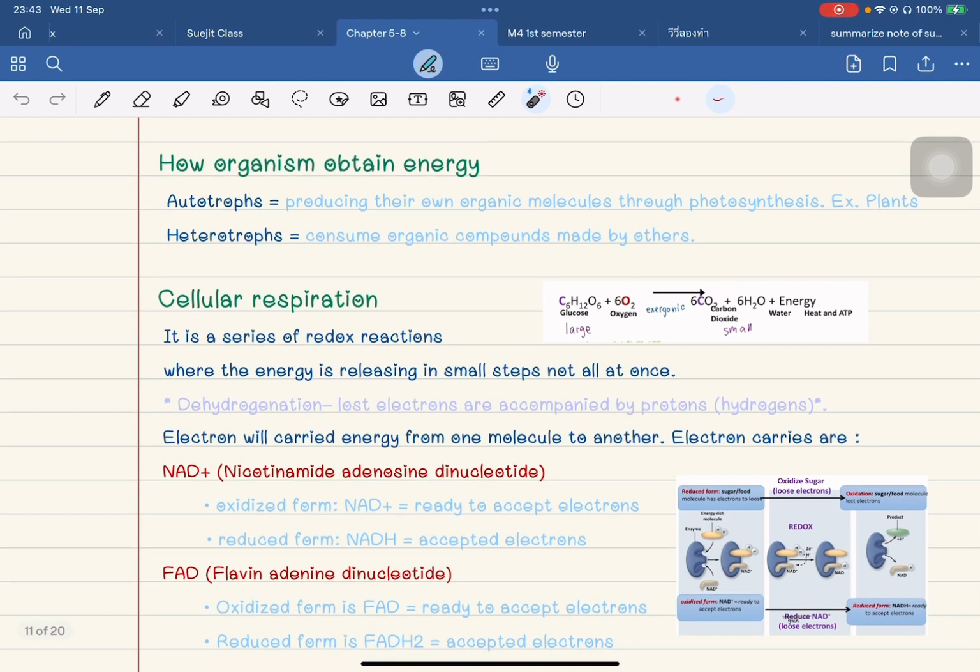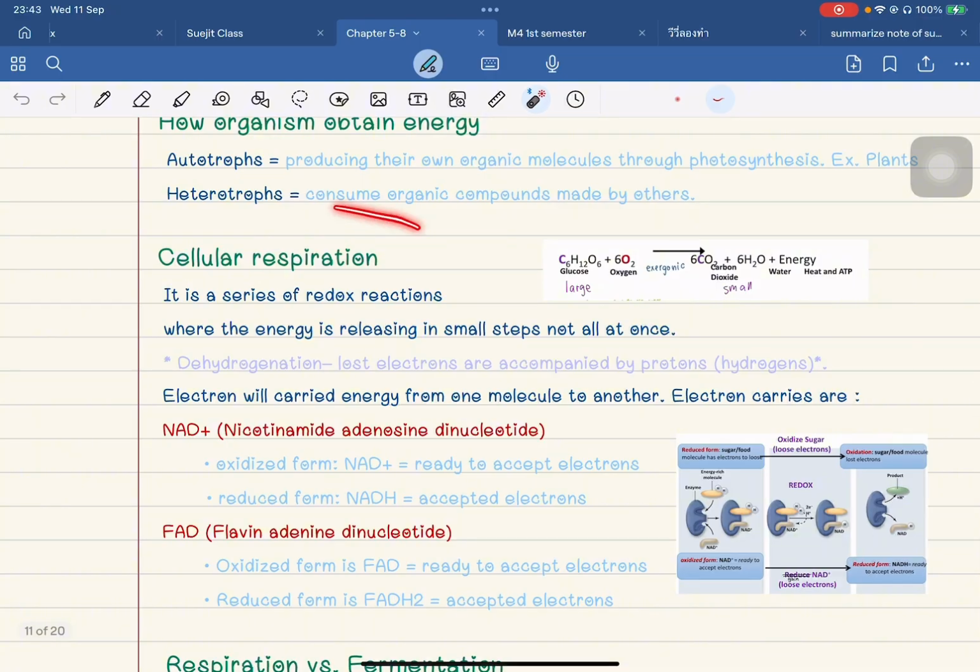And then we're going to learn about cellular respiration. Cellular respiration is a series of reactions where the energy is released in small steps, not all at once. A little note is that dehydrogenation is the loss of electrons.